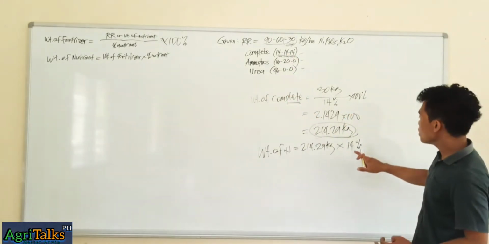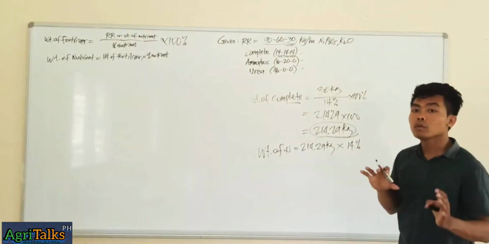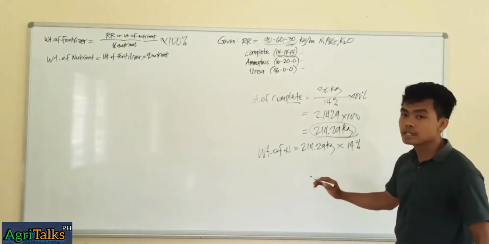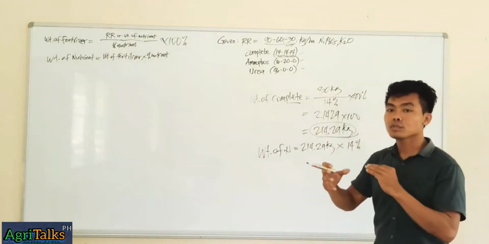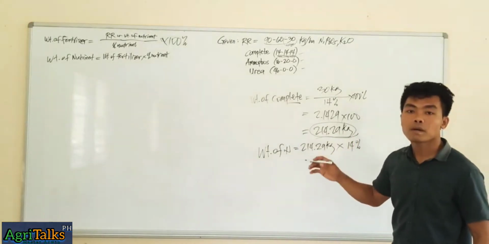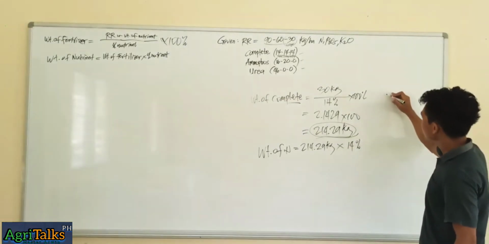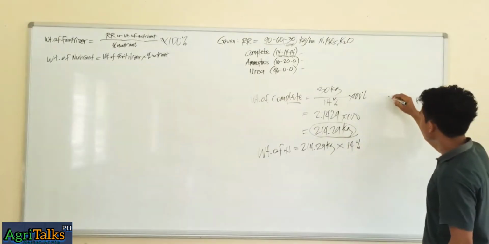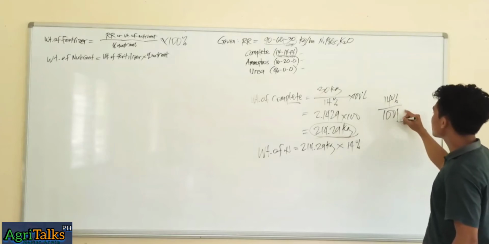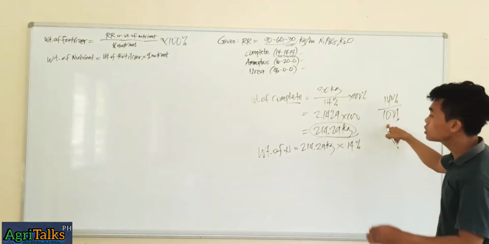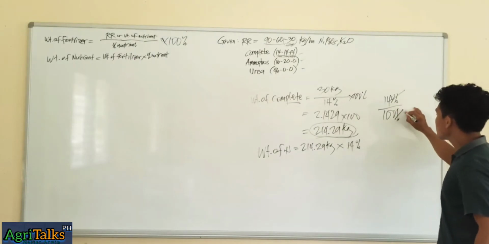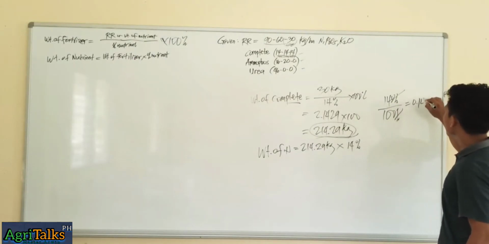However, instead of using 14%, we will use the equivalent decimal number of this percentage. So how will you know the decimal equivalent of this? You will compute like this: 14% divided by 100%, cancel percent, the answer would be 0.14.